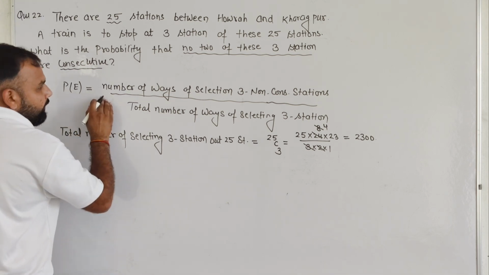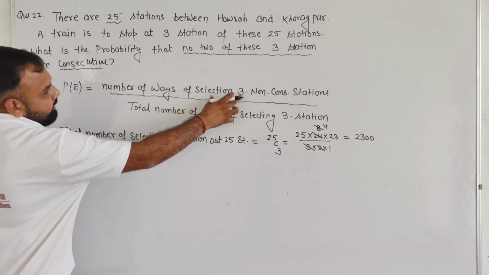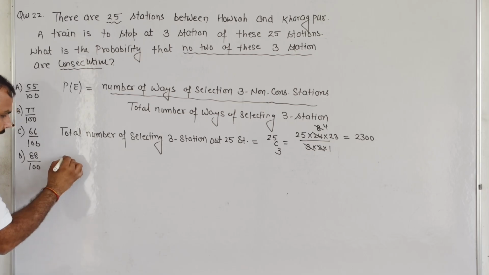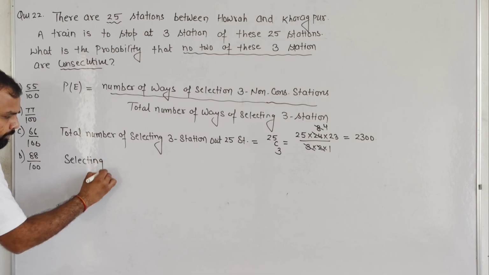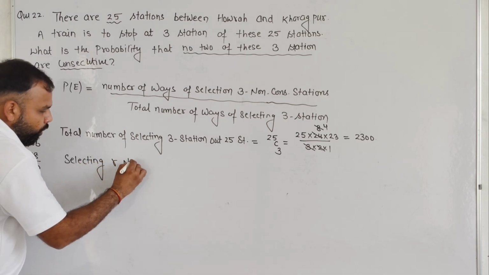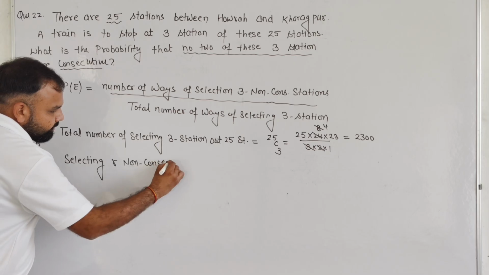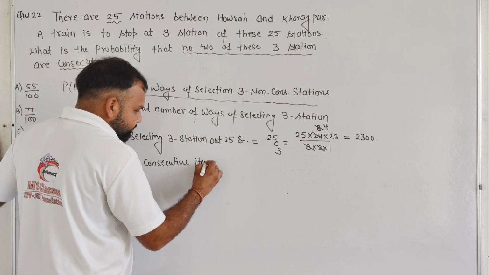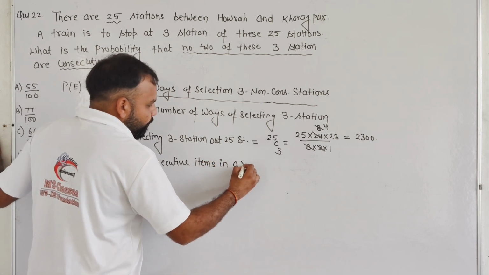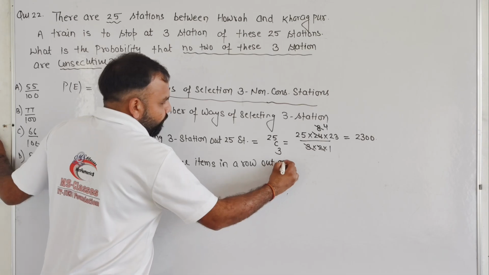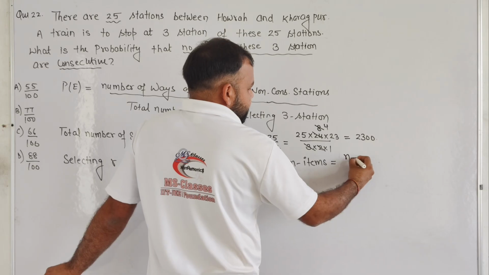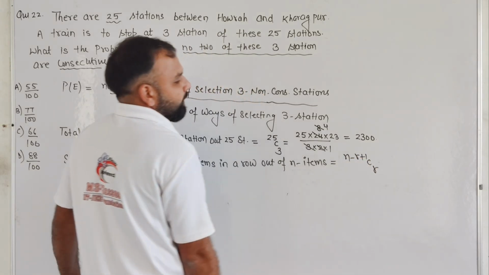And we need to calculate the number of ways of selecting 3 non-consecutive stations. Student, there is a formula I am going to write down. Selecting r non-consecutive stations, or non-consecutive items in a row, out of n items can be written as n minus r plus 1 C r ways.